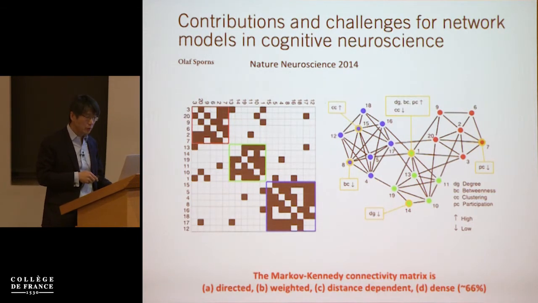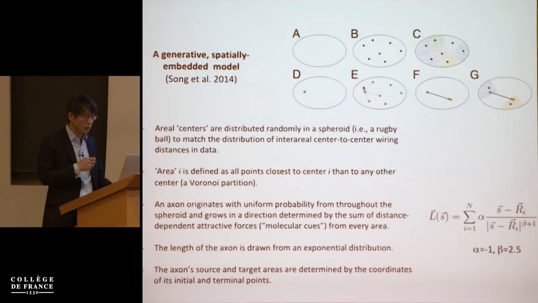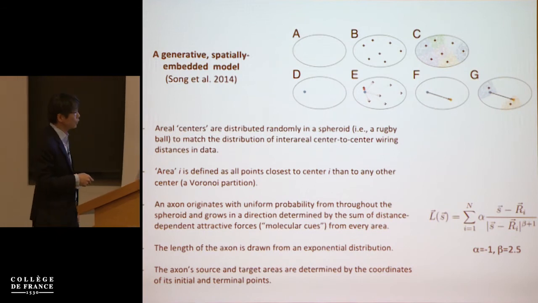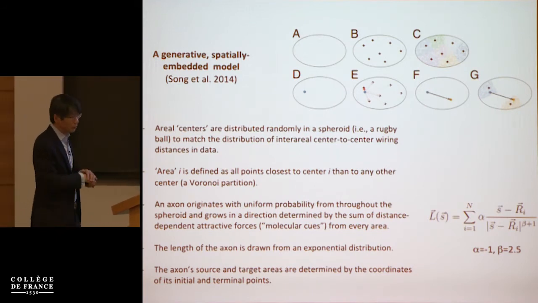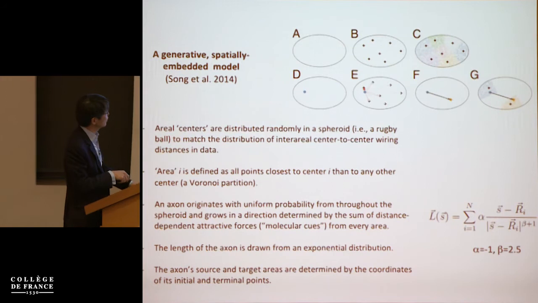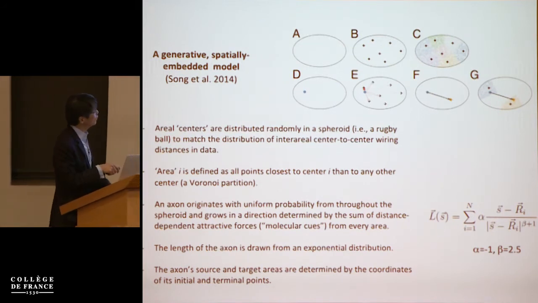Based on this type of data, Francis Song in the lab developed a new class of mathematical network models that capture this spatial embedding. It's a very interesting model, I think, but maybe I should not spend too much time on the details of how he built that model.